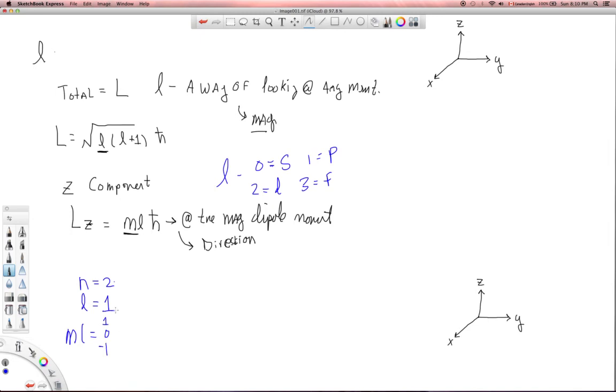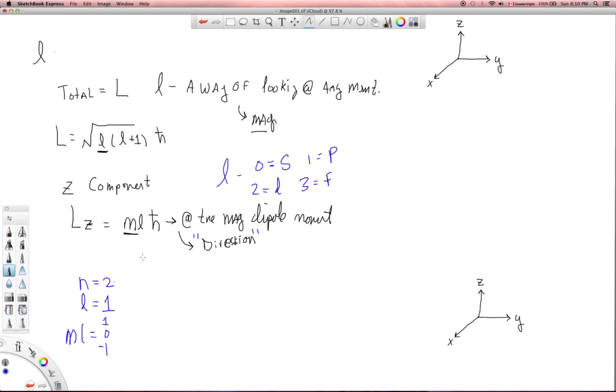So what does that mean? It means that m sub l has 3 different orientations, so there are 3 different directions, quote unquote, of the z component of the angular momentum that I can have in the atom. I can have 1 times h bar, 0 times h bar, and negative 1 times h bar.